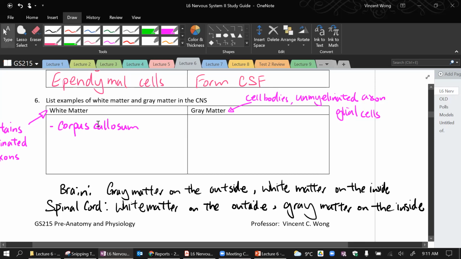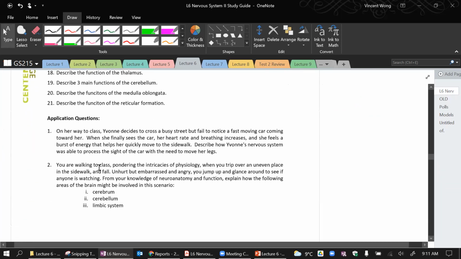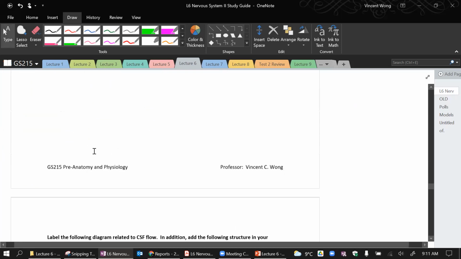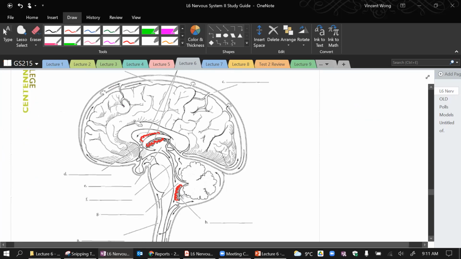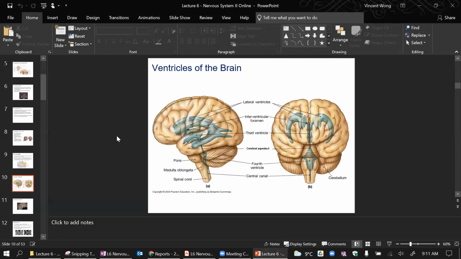For those of you who don't know what the corpus callosum is, if you look at a mid-sagittal view of a brain, if you cut the brain right down the middle, you will always see this structure. This thing is always on top of the lateral ventricle. That is the corpus callosum. If you look at the PowerPoint here, you see the corpus callosum again in this picture.